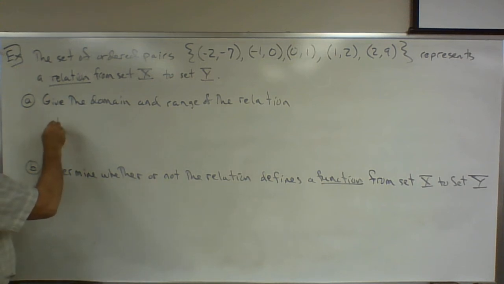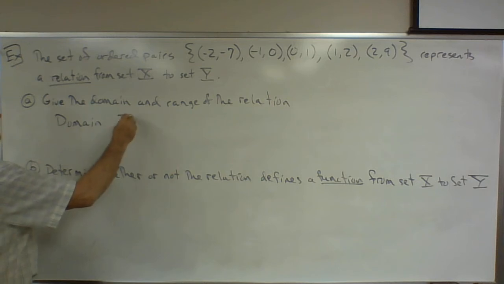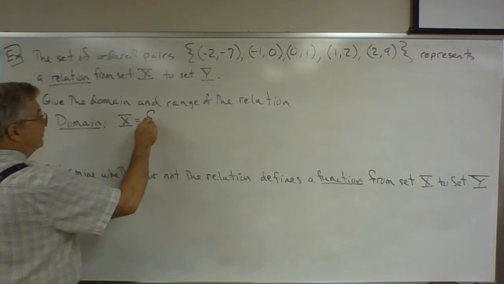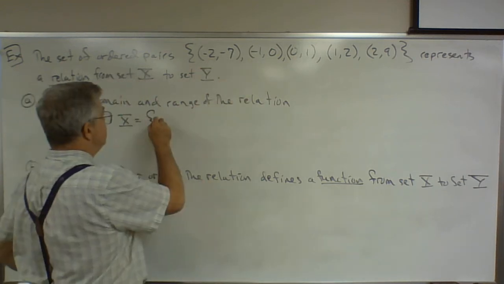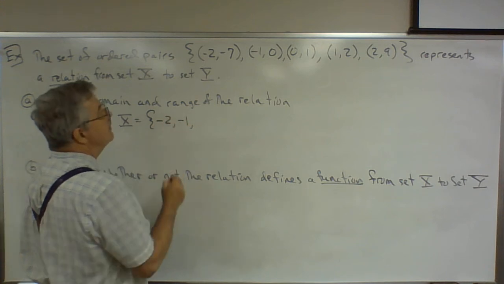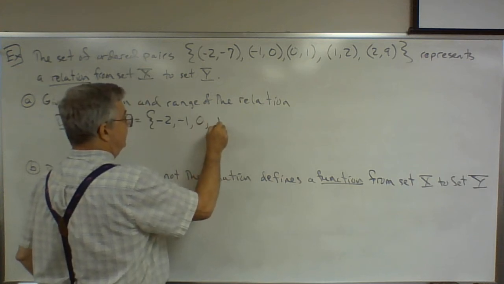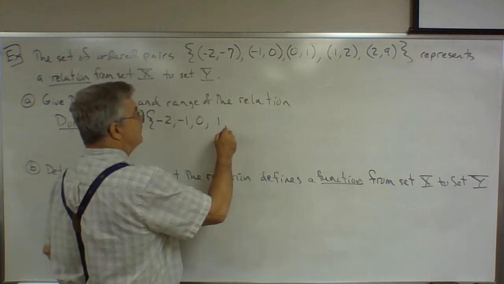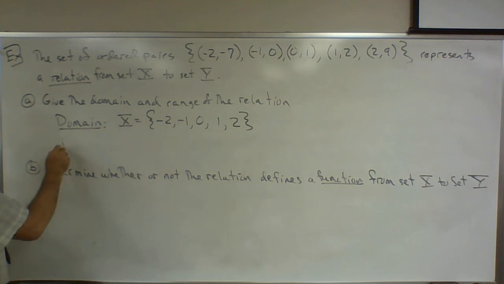So the domain, that's the set of all x values: -2, -1, 0, 1, and 2. Those are the first coordinates or x values. And here's the range.